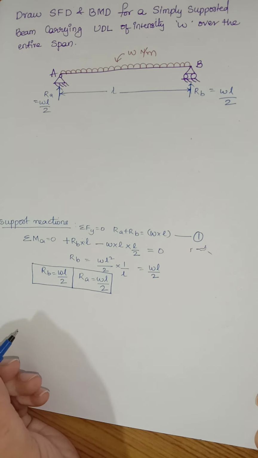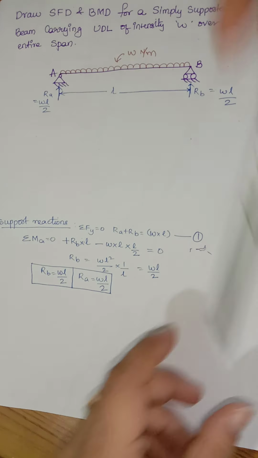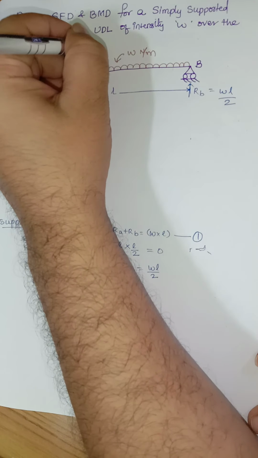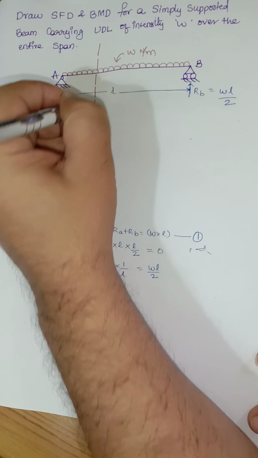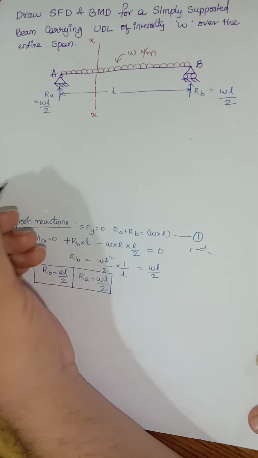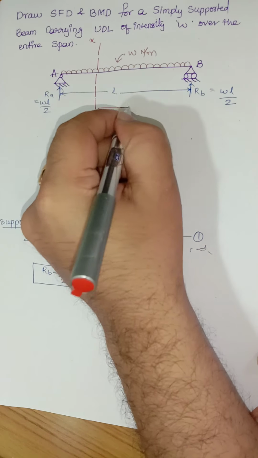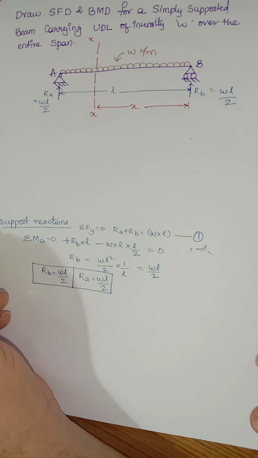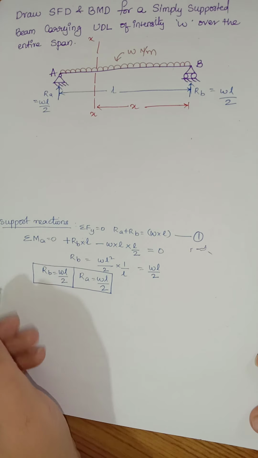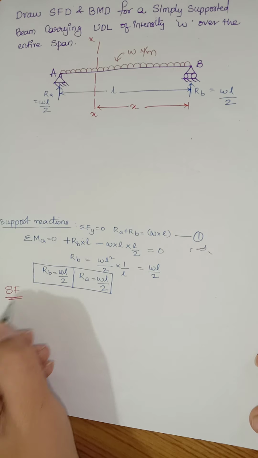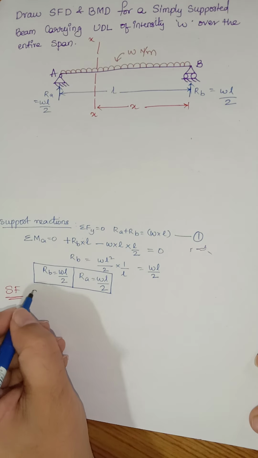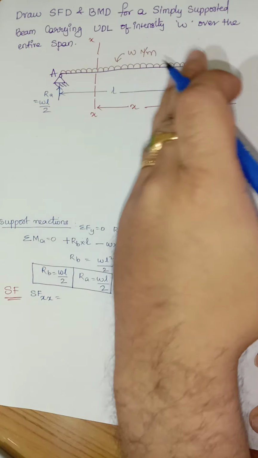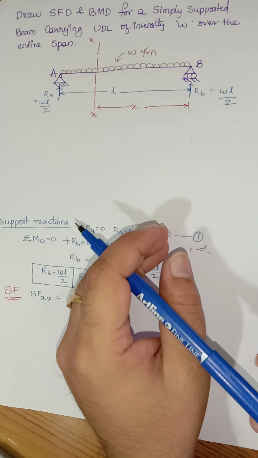Now in order to calculate the shear force, I'm just considering a section X and X, or capital X and X, which is located exactly at a distance of small x from point B. Now for shear force at any section X and X, I'm considering the right side portion of the section.